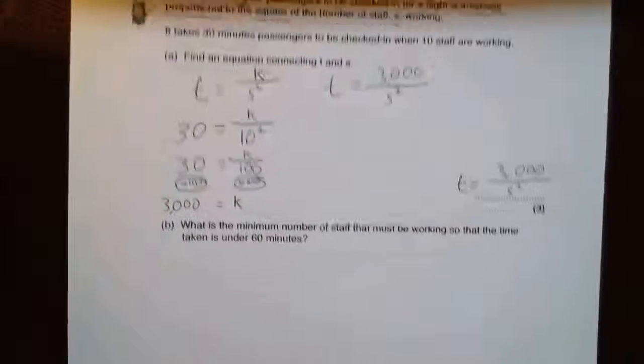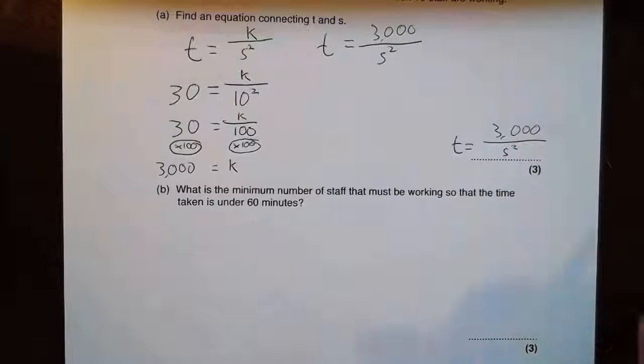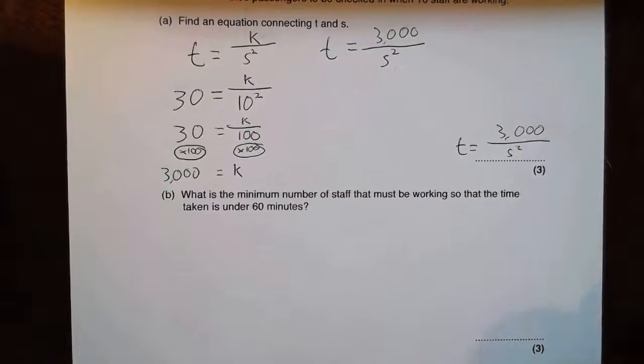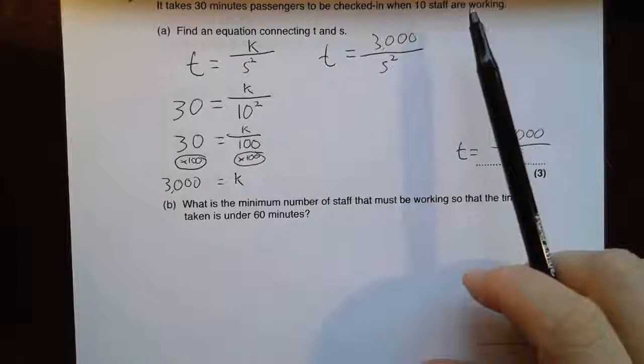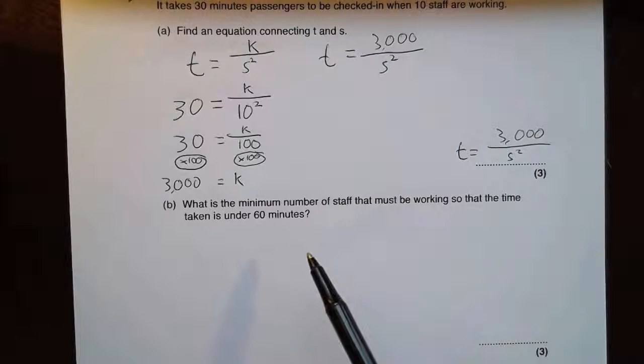Okay, what is the minimum number of staff that must be working so that the time taken is under 60 minutes? So what I'm trying to work out is how many staff are going to be required if the time is going to be less than 60 minutes.